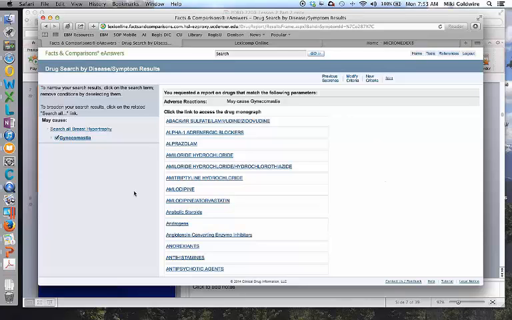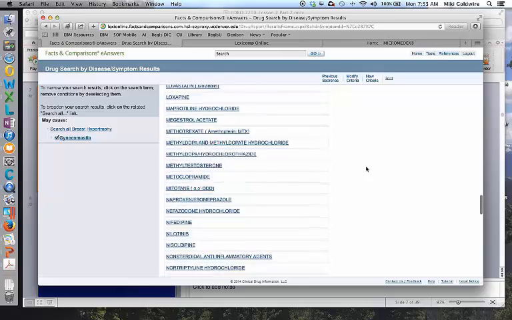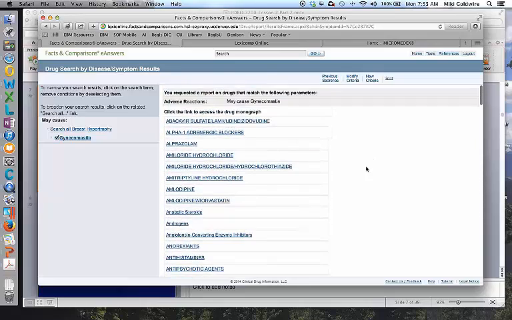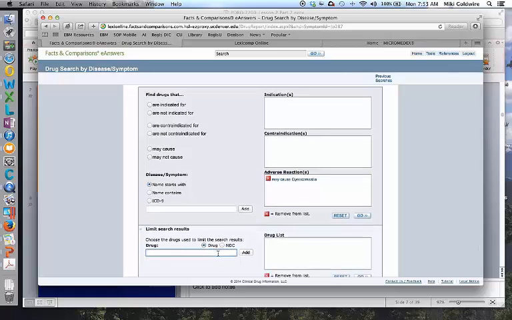As you see, quite a few medications come up here. So if I go to Modify Criteria, I can add my drug, Cardura, cimetidine.